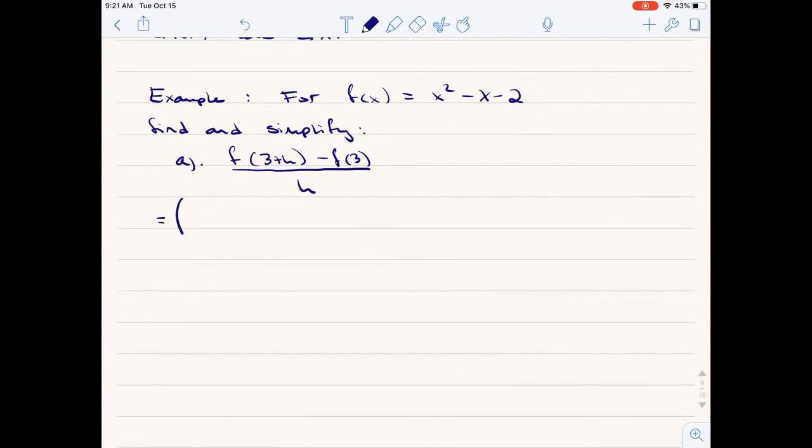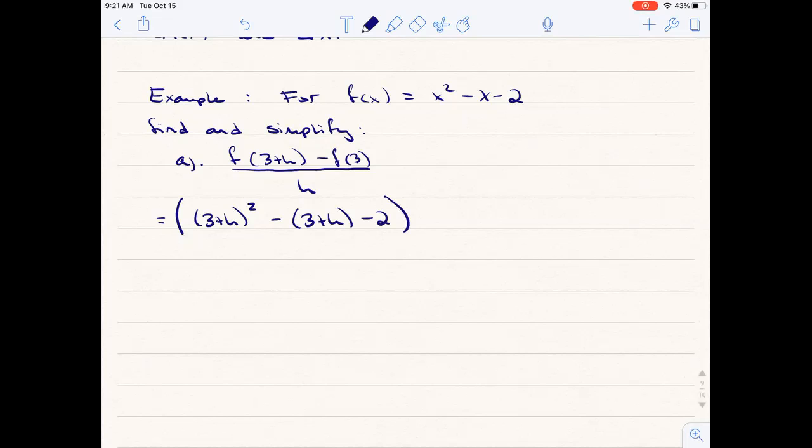And wherever I see an x, I'm going to replace it with 3 plus h. So 3 plus h squared, right? Being careful that you're squaring the entire 3 plus h, right? Otherwise, well, it'd be wrong. Minus 3 plus h minus 2.